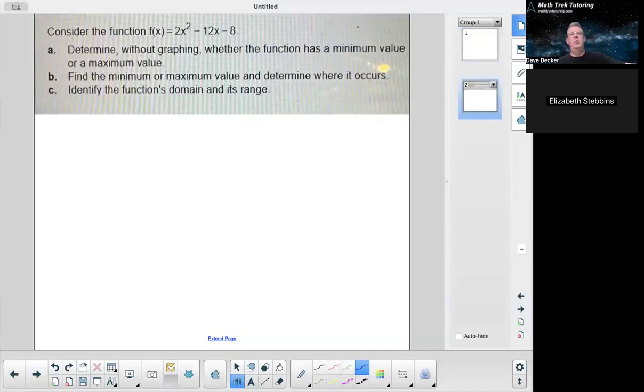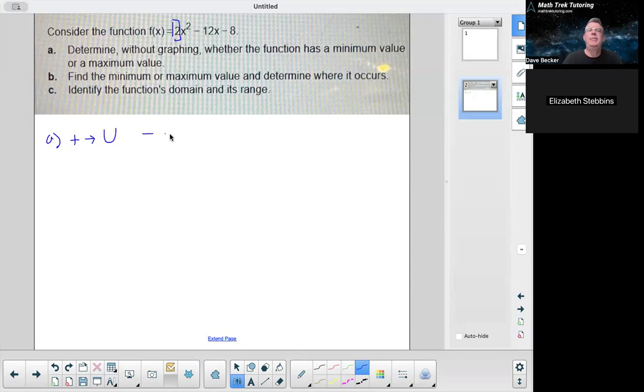Okay. So, I mean, we could totally graph it, right? But since it's a quadratic, meaning the greatest exponent is 2, then all we have to do is look at the sign of the coefficient. If it's positive, that means it's a happy parabola.